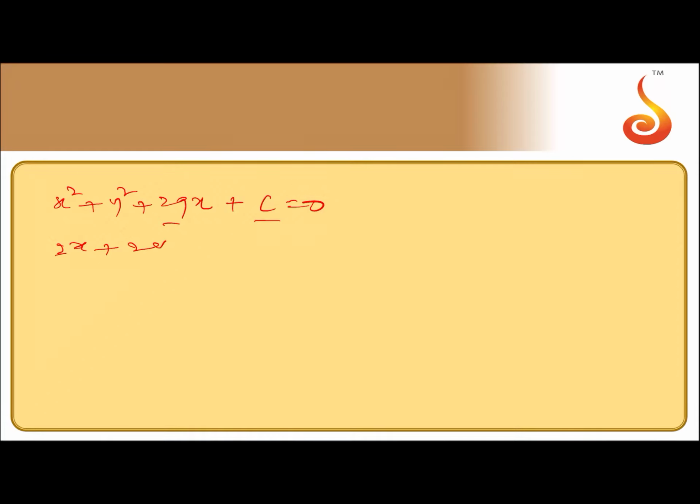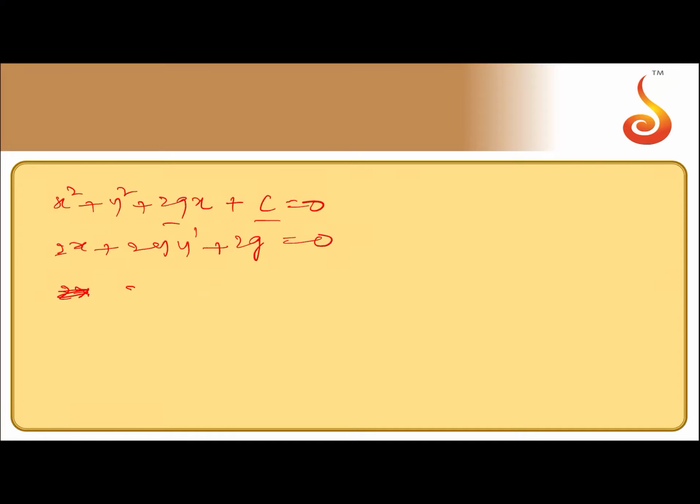Differentiating once, 2x plus 2y y dash plus 2g is equal to 0. I hope you can differentiate once again directly. You get the required answer.